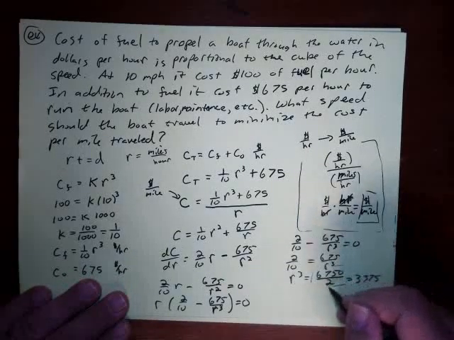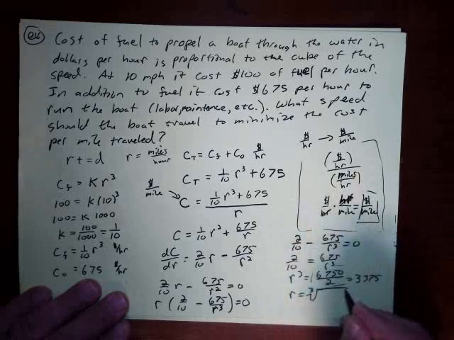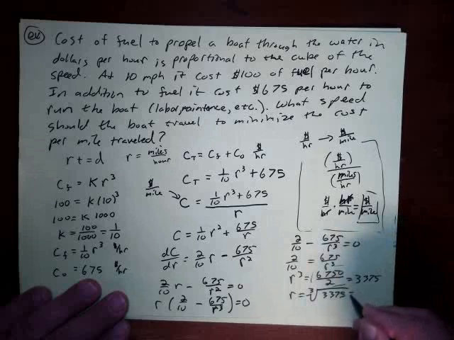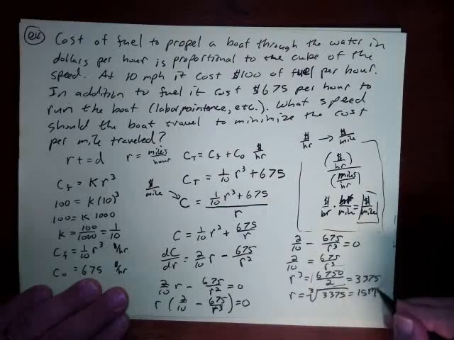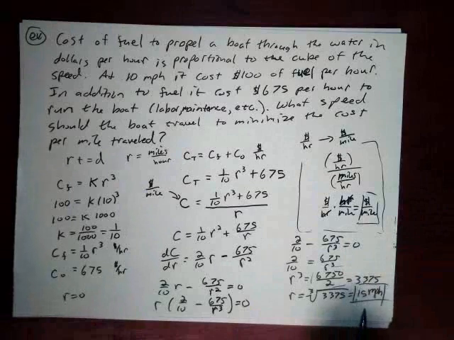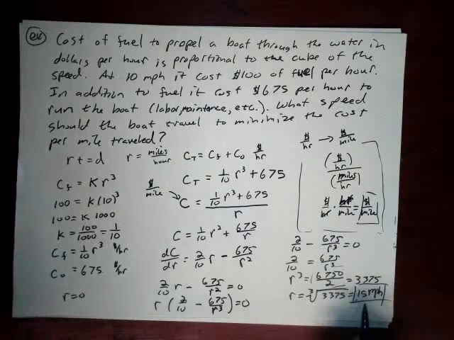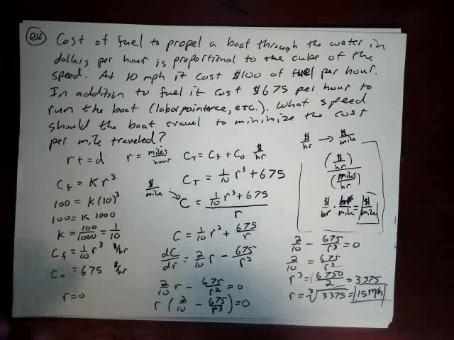That's what this is. So my R is just the cube root of 3,375. And if you plug that in, that actually works out really nice, which is 15 miles per hour. It's nice when it works out nice, because in textbook examples it usually does work out nice, and it kind of lets you know you got it right. And so 15 miles per hour, but gotta be careful here.